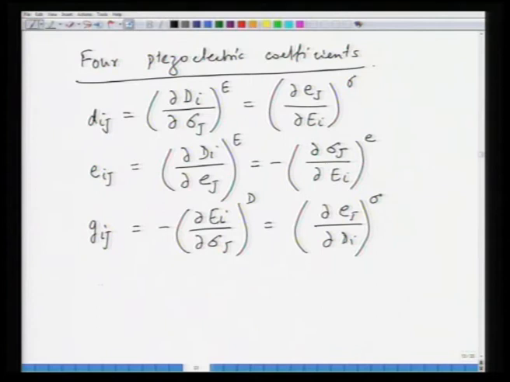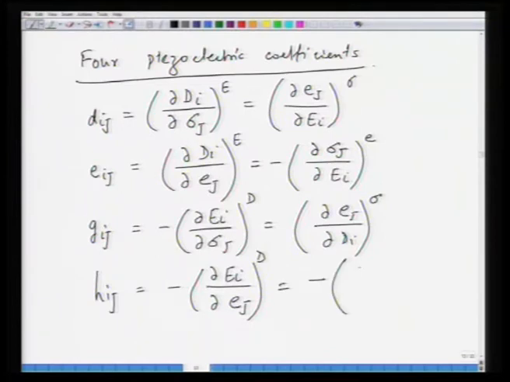And then the last one, h_ij, is equal to minus of del E_i to del epsilon_j at constant d, and this is equal to minus of del sigma_j to del d_i at constant strain.